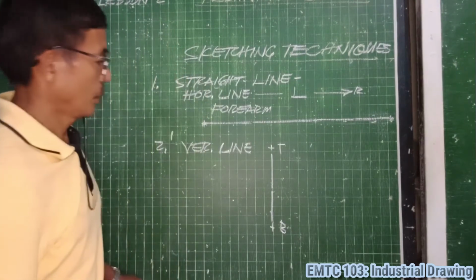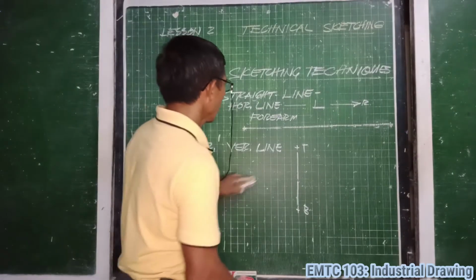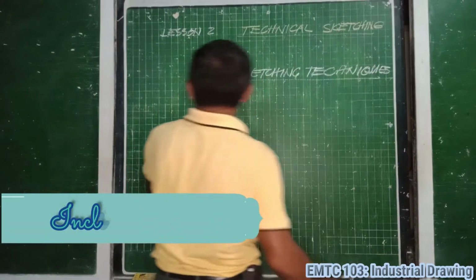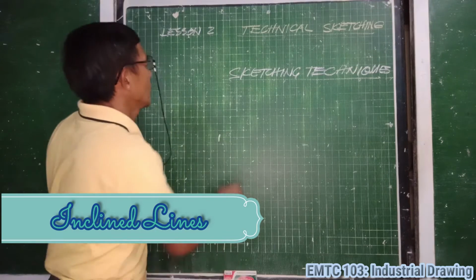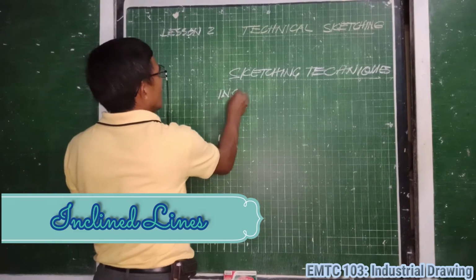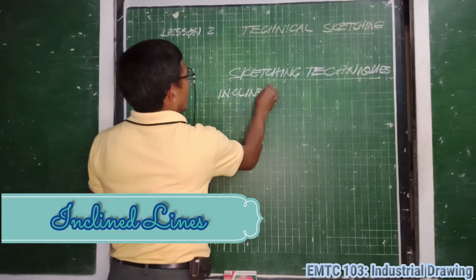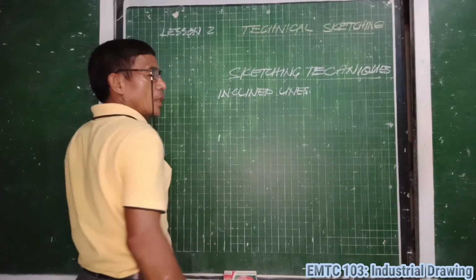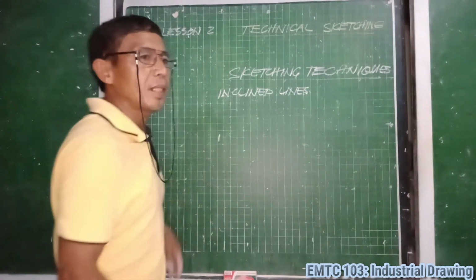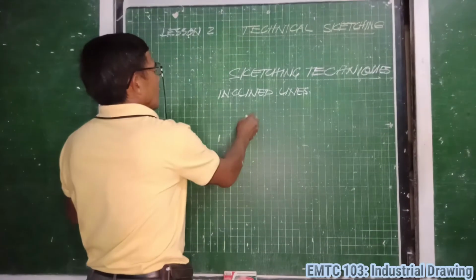Another is the inclined line. An inclined line is another straight line that is usually used in sketching. How are inclined lines sketched?